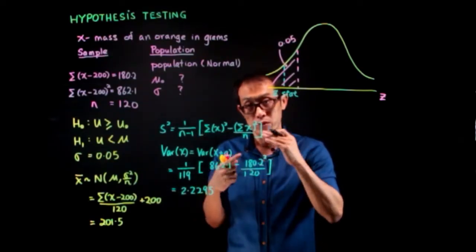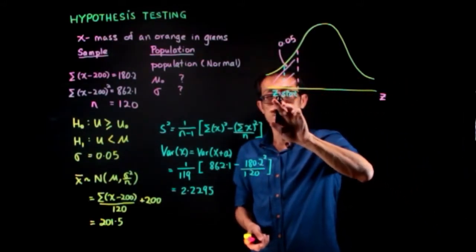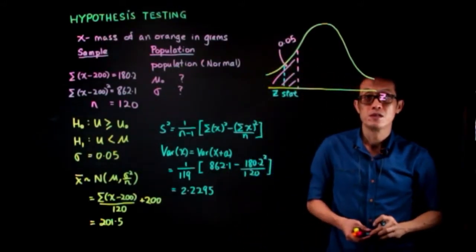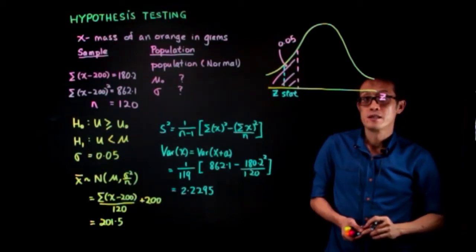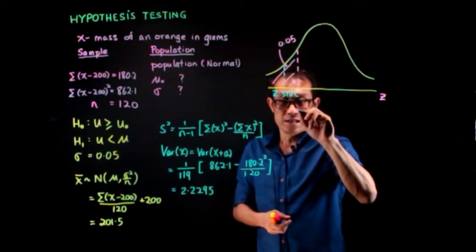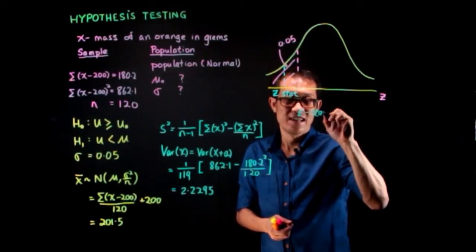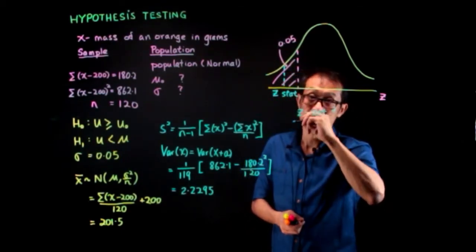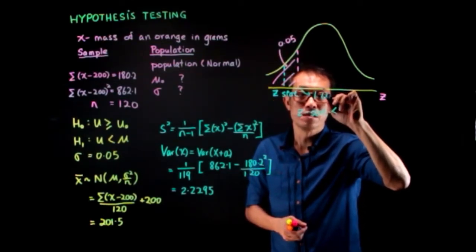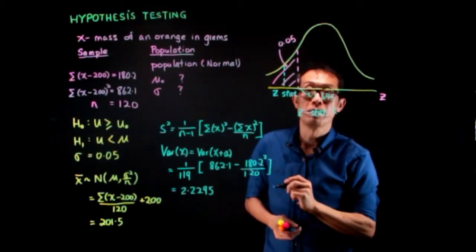After doing the z test, I will do the t test. So this z statistic must lie in the rejection region. You want the z statistic to be less than, what is this value? This is minus 1.645.